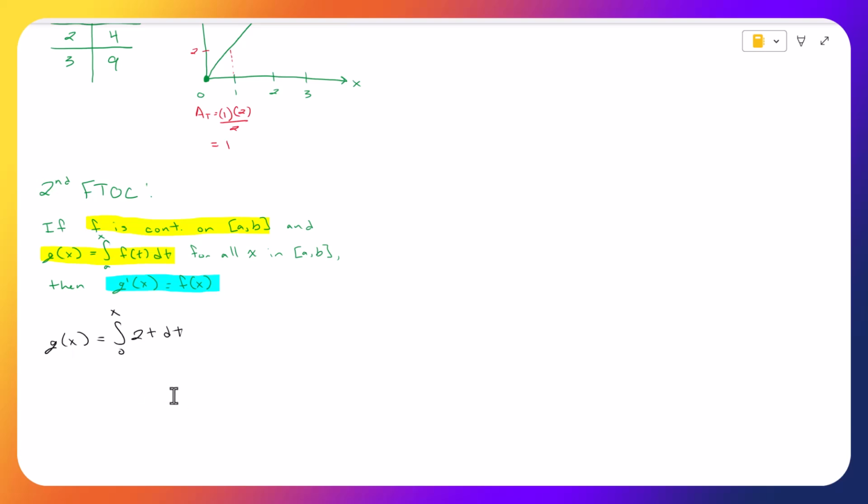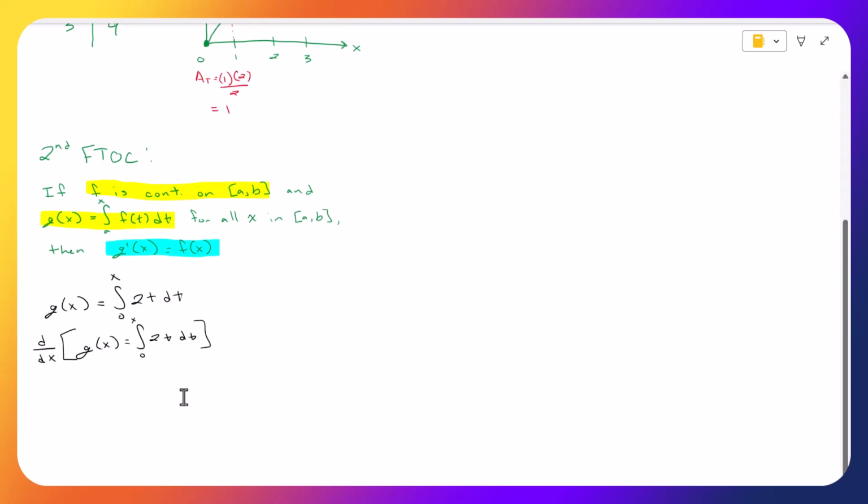If I want to find the derivative, well, the derivative of g of x is just g prime of x. And my second fundamental theorem of calculus lets me say that I can just take this x and substitute it in for t, so I get 2x.